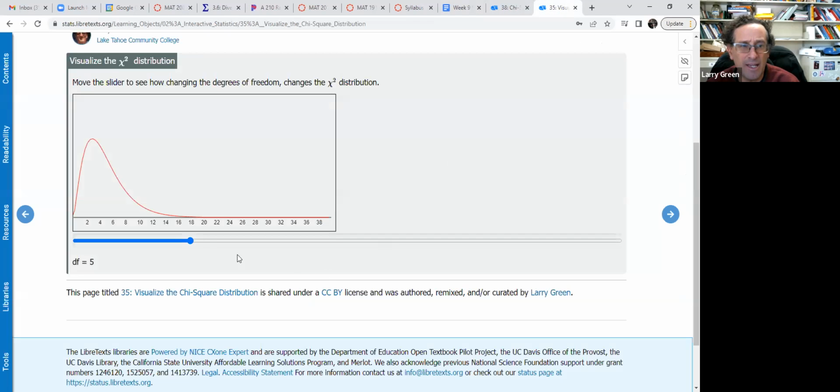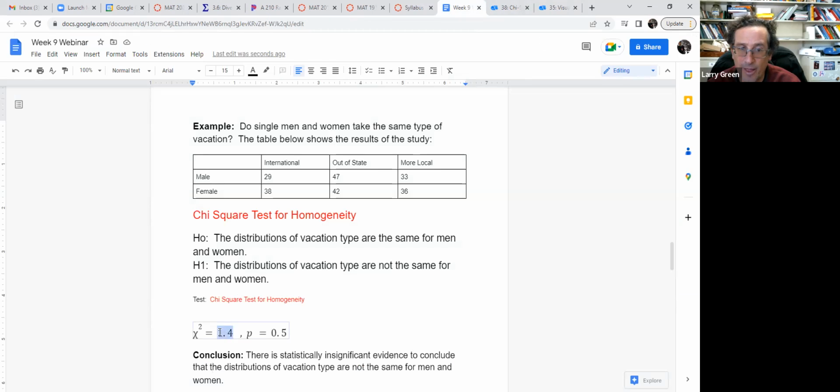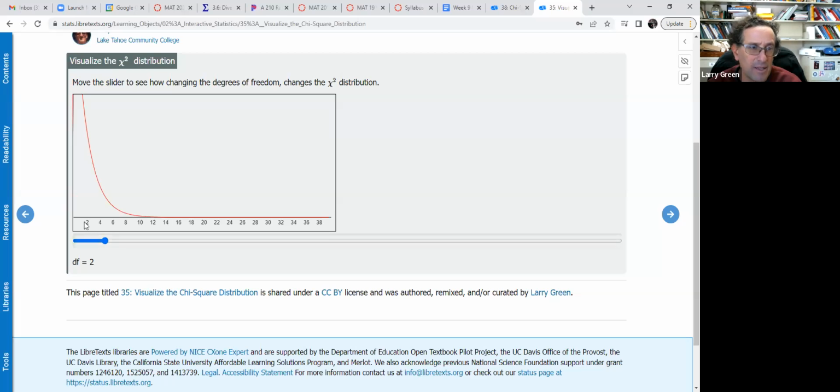Then if I go here and I use my chart, the 2 degrees of freedom. And then I looked at the 1.4, that's a chi-squared. Here it is right about there. Do you see my mouse?